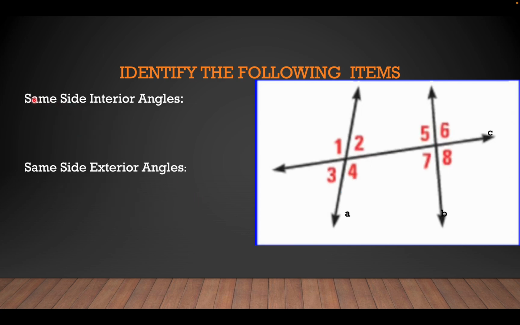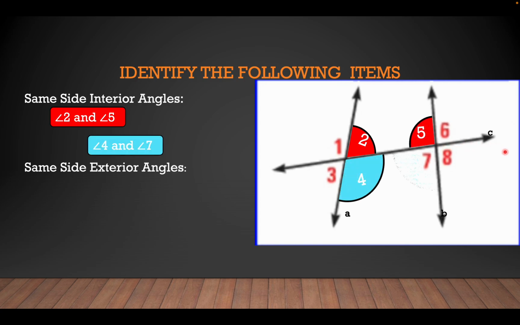Our next set would be same side interior and exterior angles. Same side refers to the same side of the transversal. So angle 2, the same side of line C, and an interior angle would be angle 5. So 2 and 5 are same side interior. Angle 4 and angle 7 would be the other set.